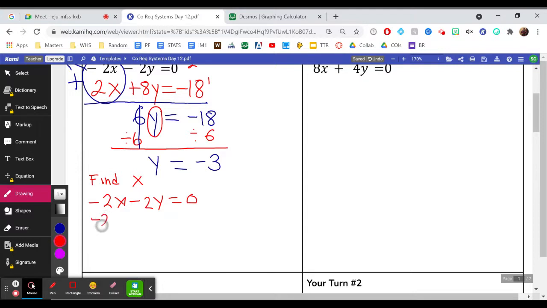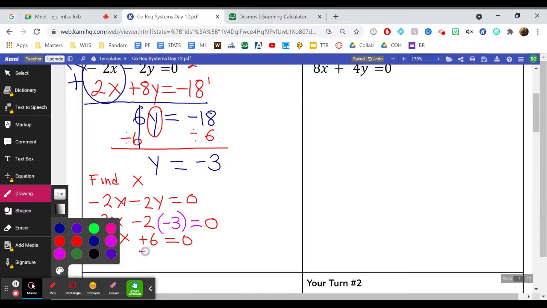So I have -2x minus 2 times (-3) is equal to 0. So I have -2x, and -2 times -3 gives me positive 6.